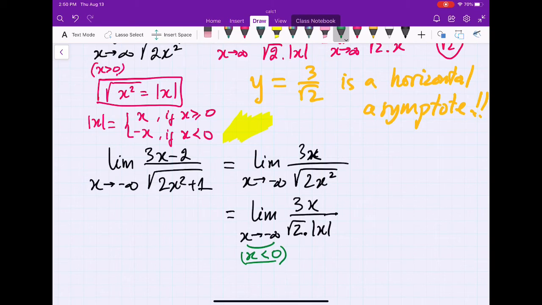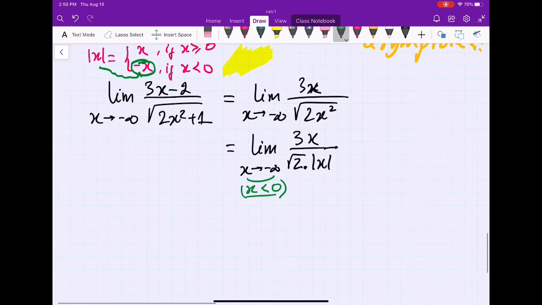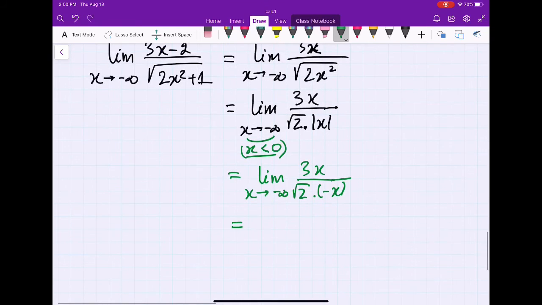So absolute of x in this case is negative x. You see? So I have, this is limit of 3x divided by square root of 2 times negative x, x approaches negative infinity. You simplify x, you get 3 over negative square root of 2. Or you can write, negative 3 over square root of 2.